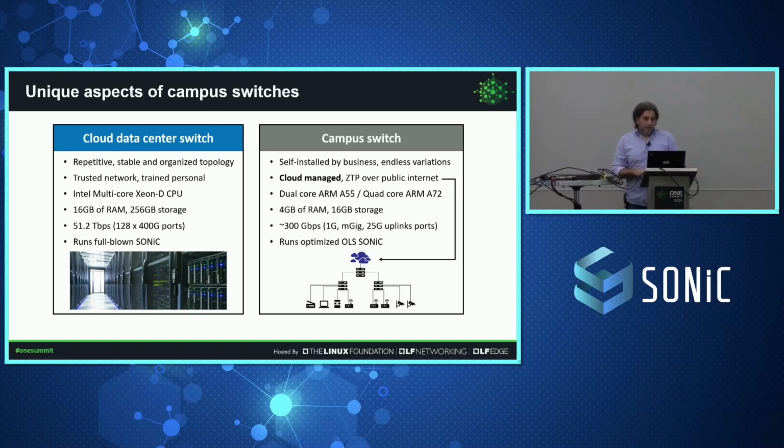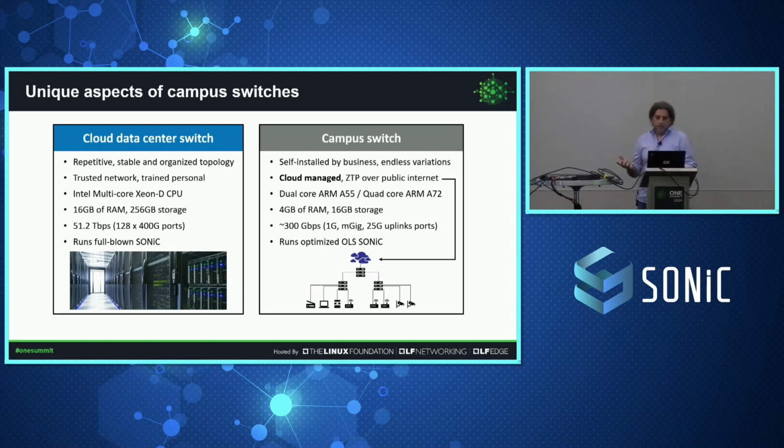Another big difference we see, and I think that relates to the previous question, is how the hardware looks. Because in the data center, like we said, it's high RAM, high storage, multi-core, strong CPUs running the show.